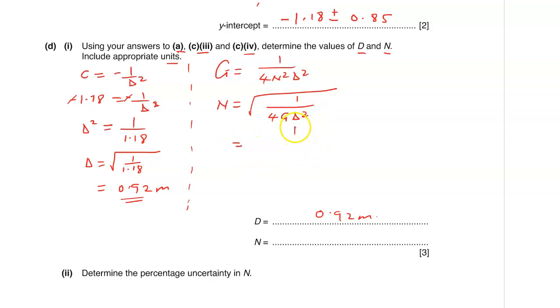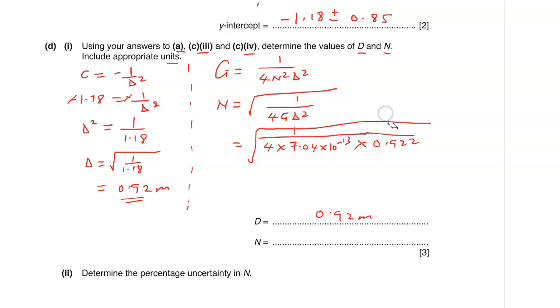We say 1 divided by 4 times the gradient, 7.04 times 10 to the power minus 13, times D, which you have found to be 0.92. Remember D squared, so you square D there. Then all of this you find the square root.